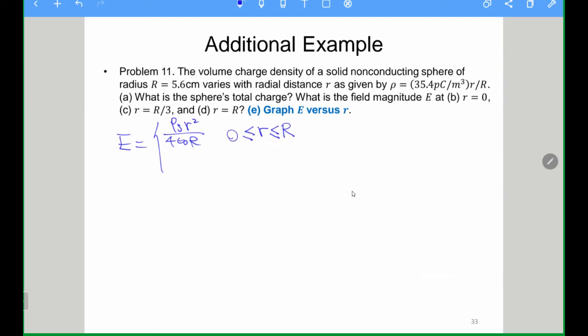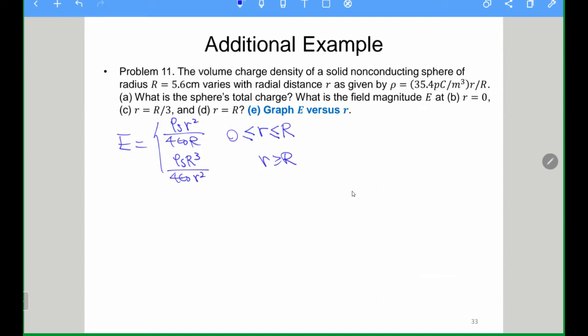And when r is larger than or equal to capital R, it will be rho s times capital R cubed over 4 epsilon naught r squared.